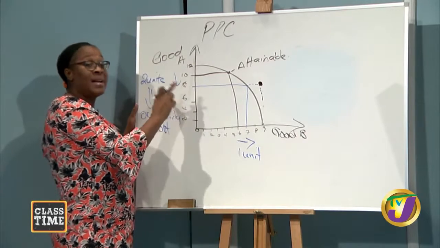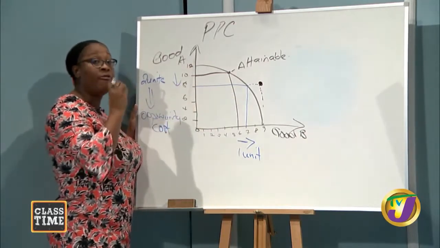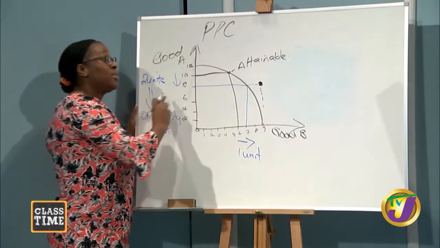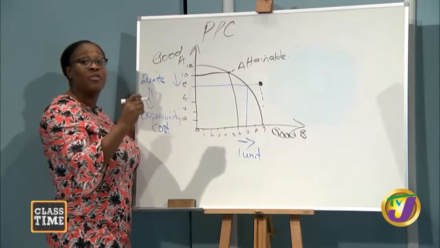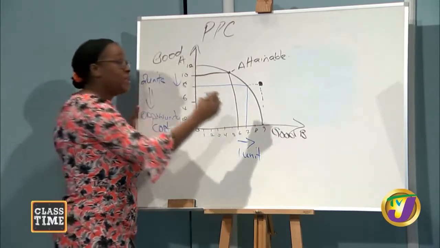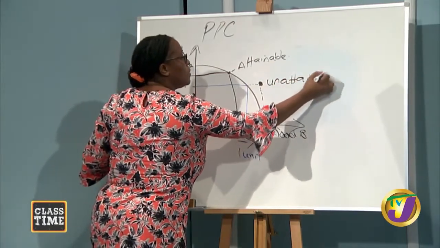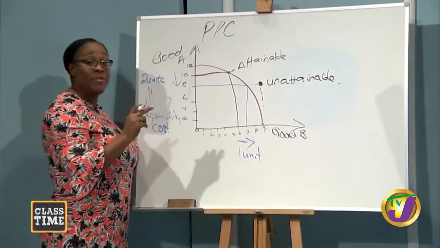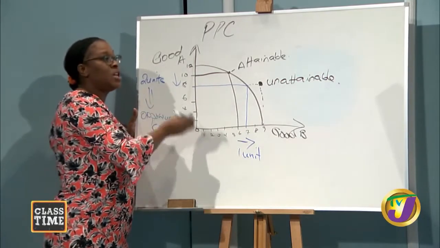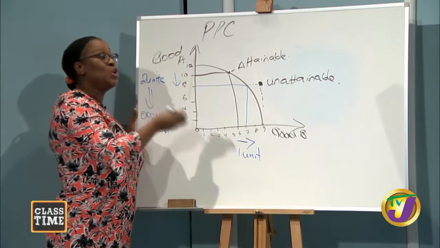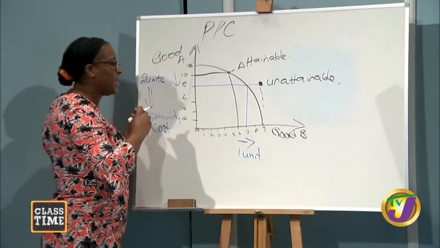And remember that the PPF represents that all resources are fully utilized. Therefore, this combination outside of the PPF is referred to as unattainable, meaning that given the resources and the level of technology, this economy is not able to produce that level of output.